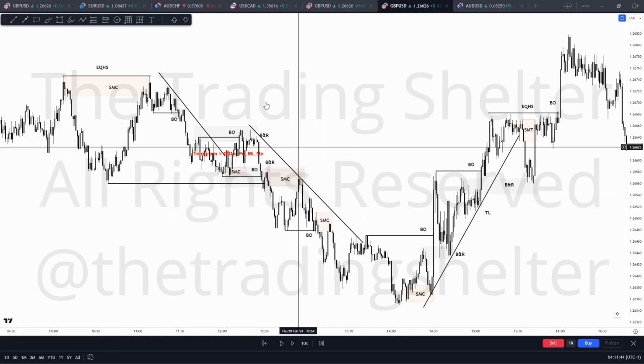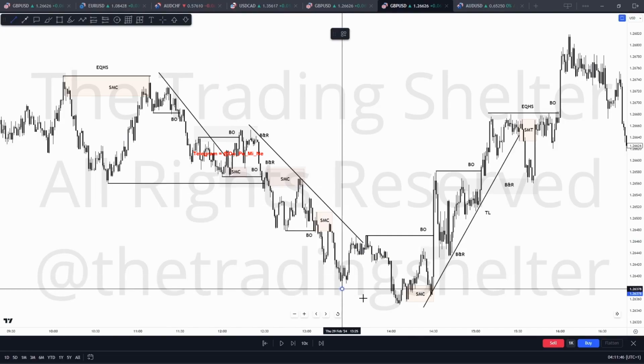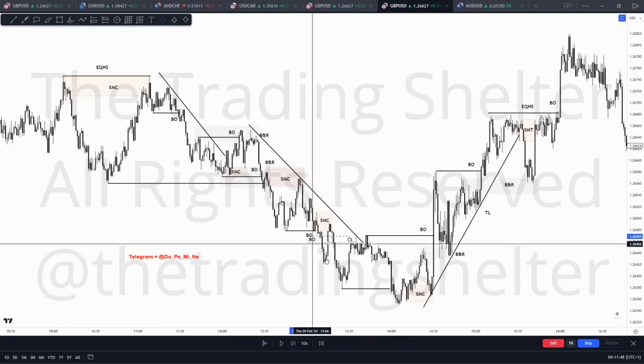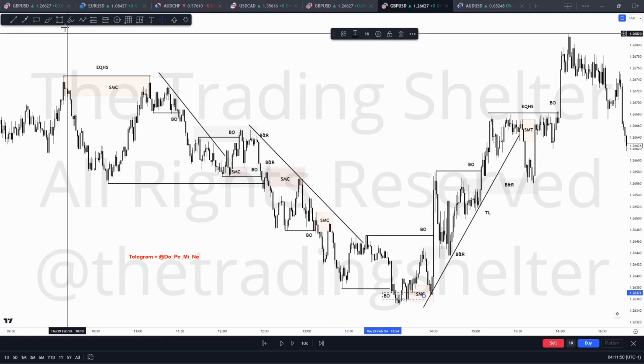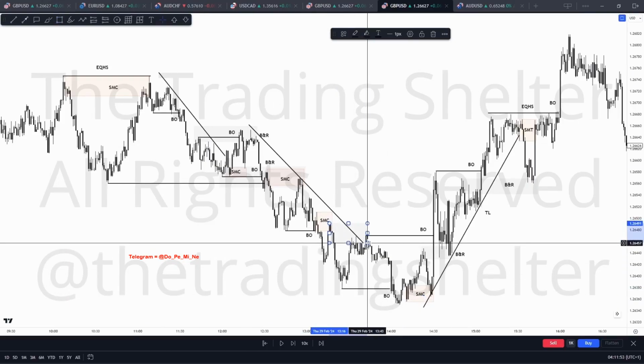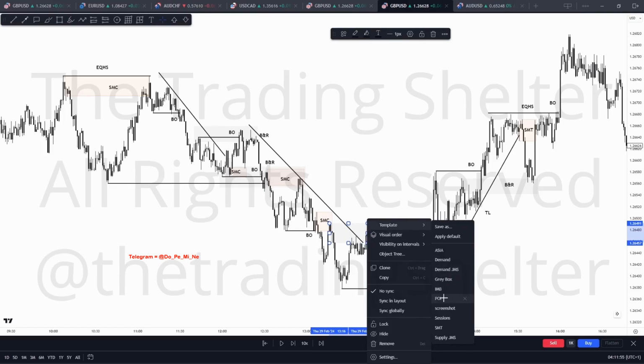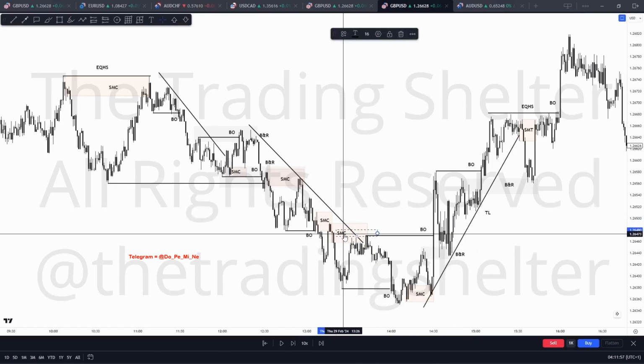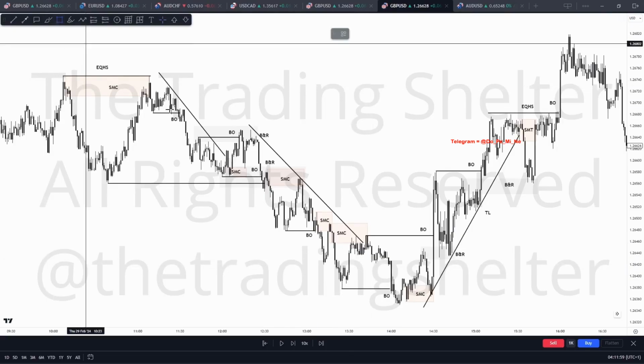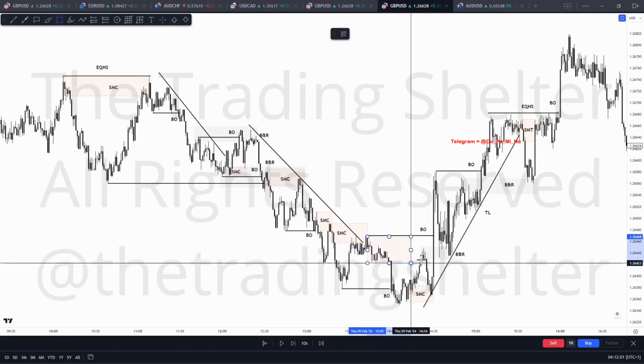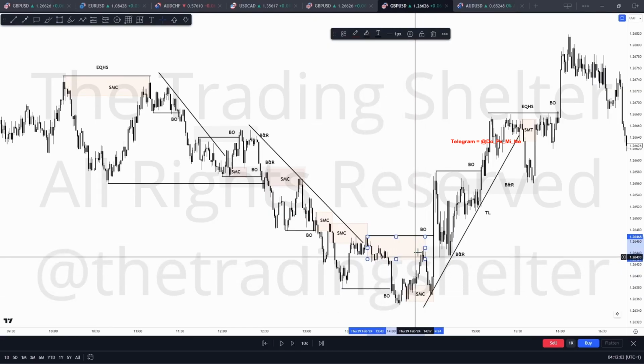Okay, now we have breakout traders entering here. Now we could argue potentially there's also break and retest entering here, SMC traders entering here. I'm getting confused even myself. Now there's a consolidation. There's a break to the downside.